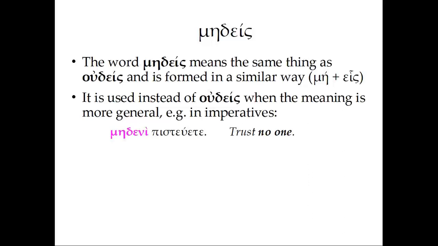I trust, I believe. And here the form of mēdeis is in the dative because this verb pisteuō is one of these verbs that take objects in the dative. So trust no one. We used a form of mēdeis here instead of oudeis because we're not talking about anyone in particular. This is a very general directive.